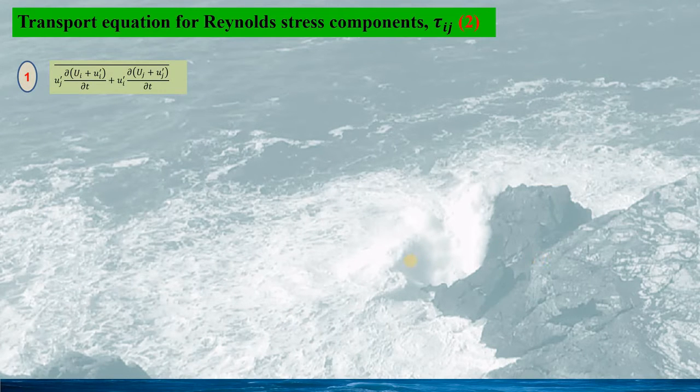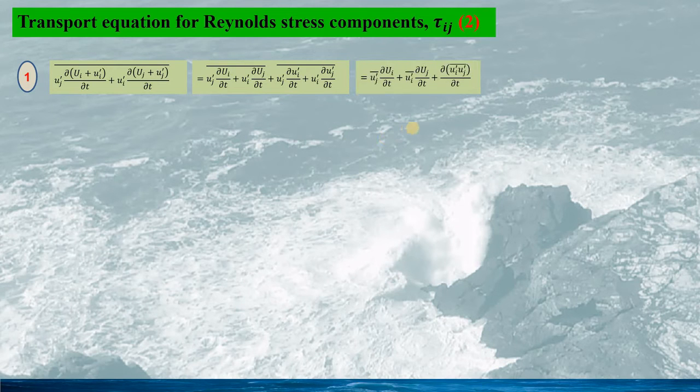For the first term, we can separate the expression by multiplying the relevant terms together as this. Now, since the averaged velocities capital Ui and Uj would be constants regarding the averaging operation, they can be taken out of the averaging operation.